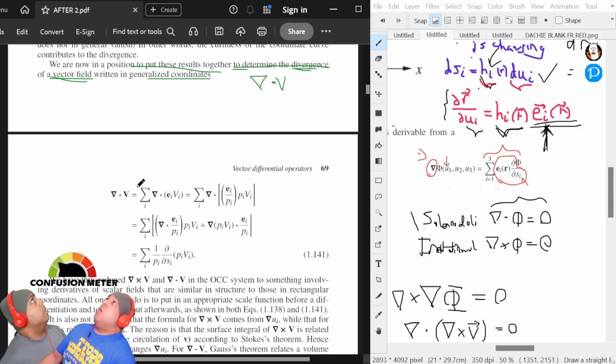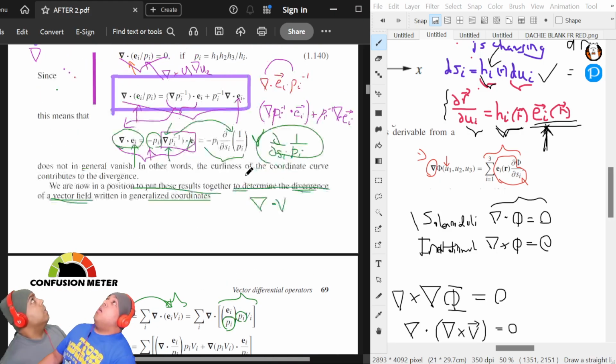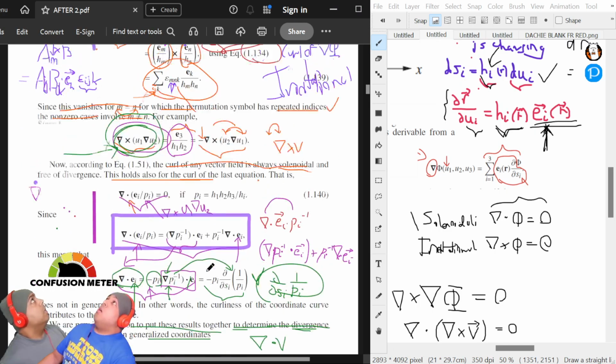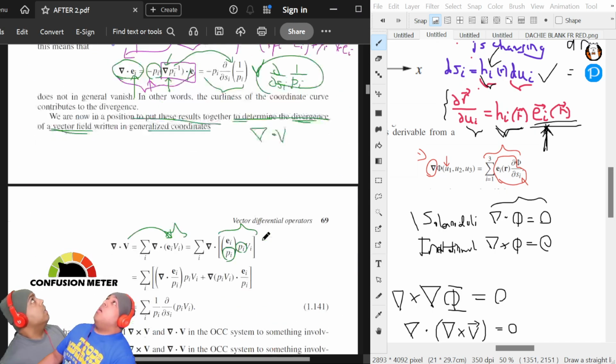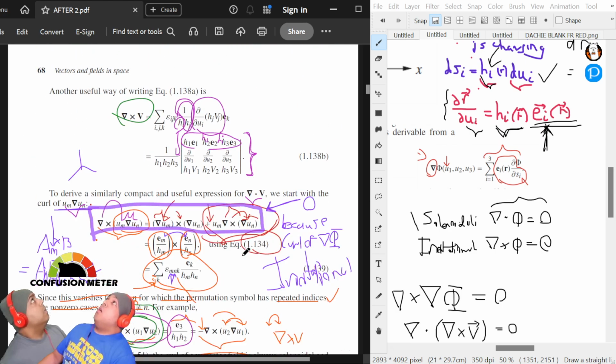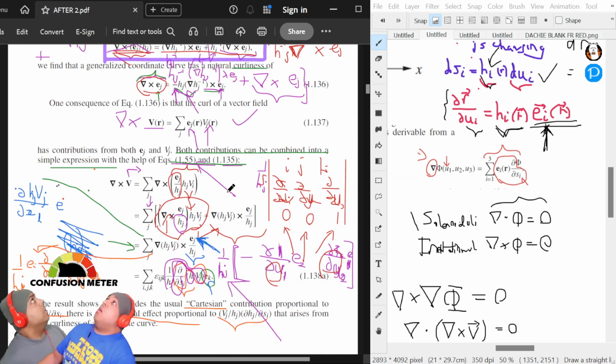summation over i. We just broke this up into normal stuff. We introduced p_i. What's p_i? I think p_i is just a bunch of h shenanigans. Over here we brought on h_j for no reason.